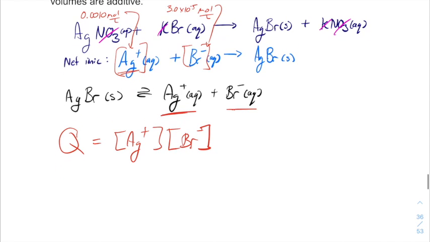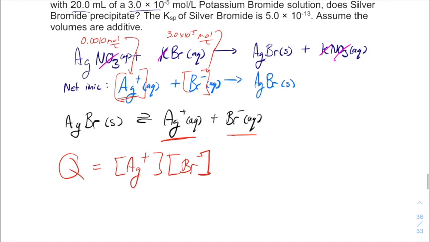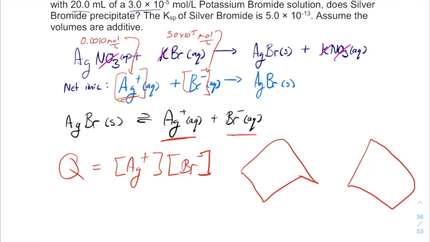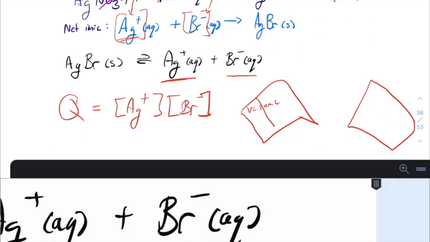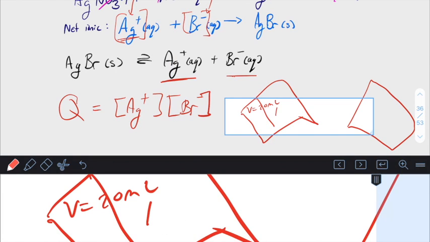So let's do a little diagram, because sometimes I find that I need to think about what's actually going to happen here. So I've got here's my little beaker, and I'm going to have another beaker here. In this beaker, I have a volume, which is 20 mL, and I have this concentration. Let's just call this one, this is going to be our silver nitrate.